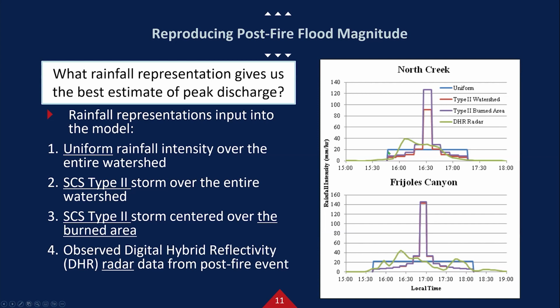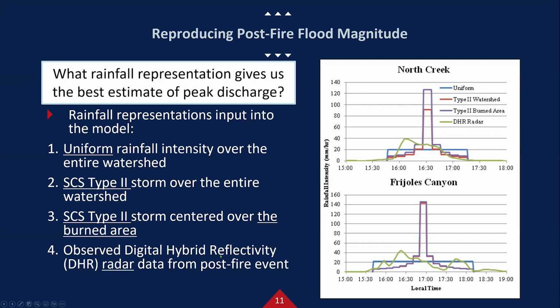So here's the uniform rainfall case in blue, and here's the type 2 storm in red, and here's the type 2 storm just over the burned area. And again, they give you a hyetograph that has a peak somewhere in the middle of the storm. So that's what these input hyetographs look like. And again, this isn't a hydrograph. This is a hyetograph from the radar.